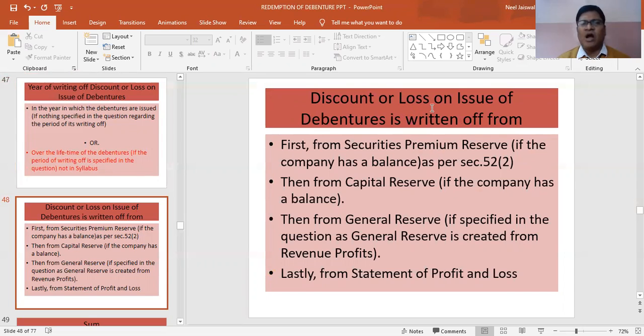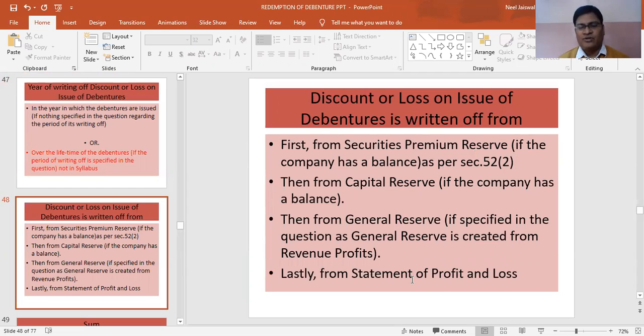Next, discount or loss on issue of debentures is written off from what? First of all, we prefer securities premium reserve account. That is, securities premium reserve account debit to loss on issue of debentures. If securities premium is totally used, then we will switch over to capital reserve, if the company has a balance of capital reserve. Then capital reserve account debit to loss on issue of debenture or discount on issue of debenture. Then we will use the general reserve and then statement of profit and loss.